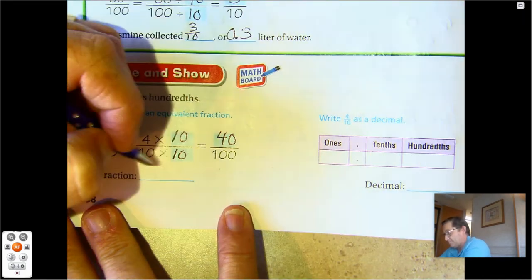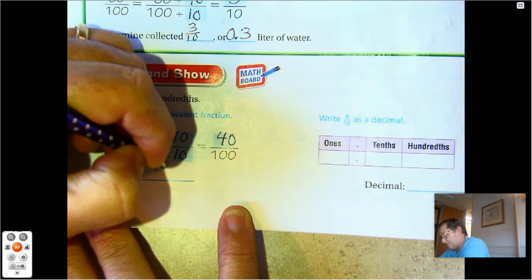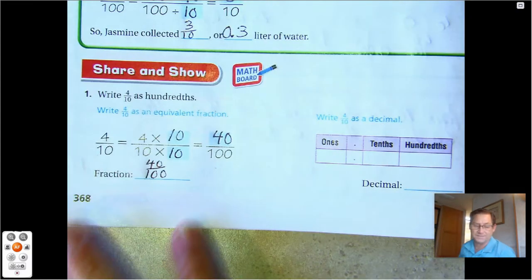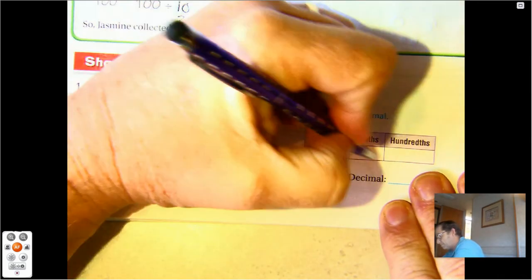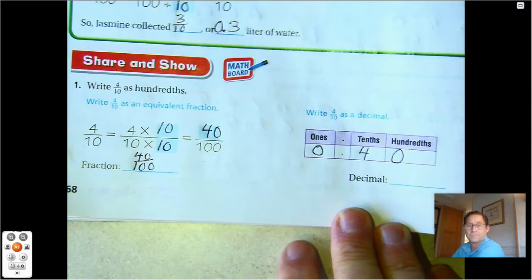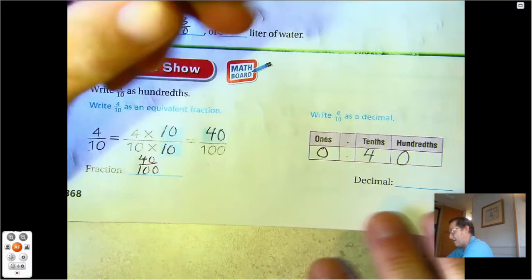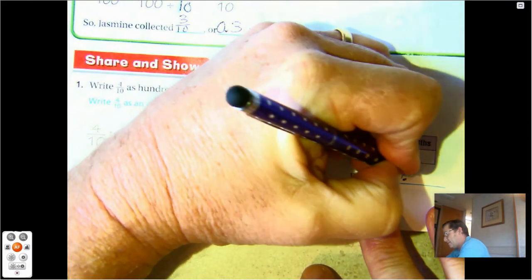So as a fraction, 4 tenths is the same as 40 hundredths. What would that be as a decimal? Well, 4 tenths is the same as 40 hundredths.